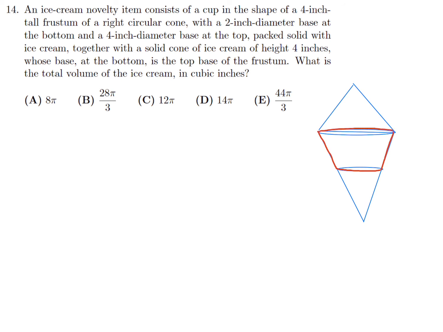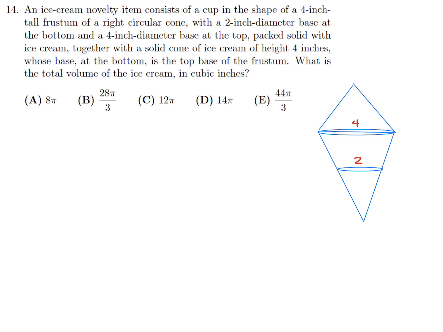And then they told me that the diameter is 2 inches at the base, so this is 2 inches from here to here. Let's put that there, 2. And then a 4-inch diameter base at the top. So this is 4, the distance from there to there.